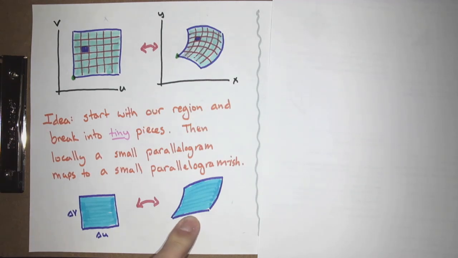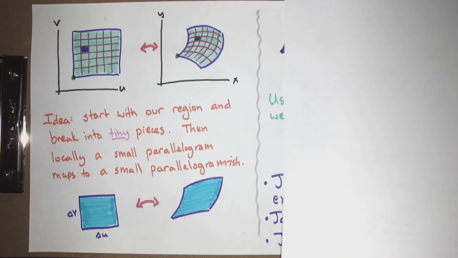It's not an exact parallelogram, but if you're small, it looks very much like it. And of course, we're going to keep getting smaller and smaller, so the approximation keeps getting better and better. So the question becomes, if I know the area here, what's the corresponding area there?